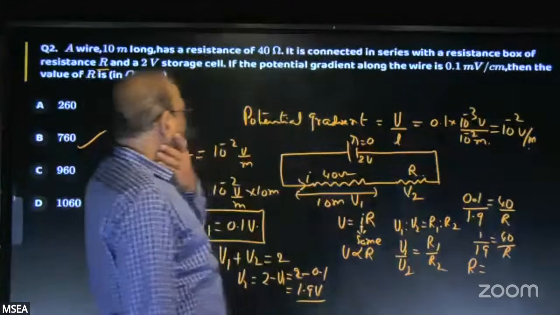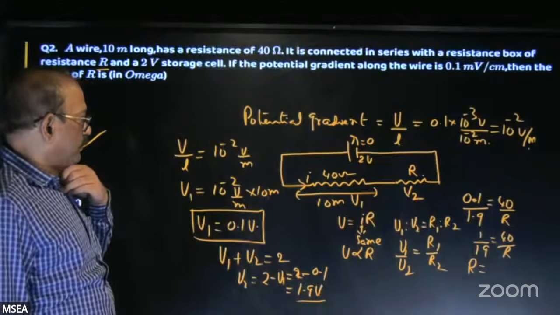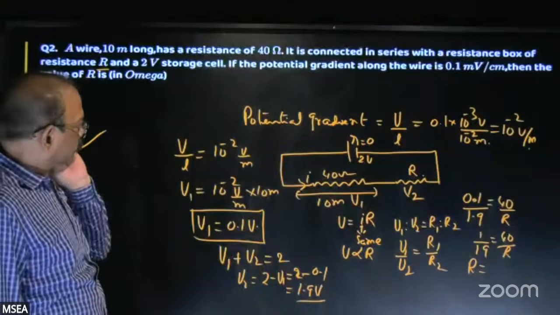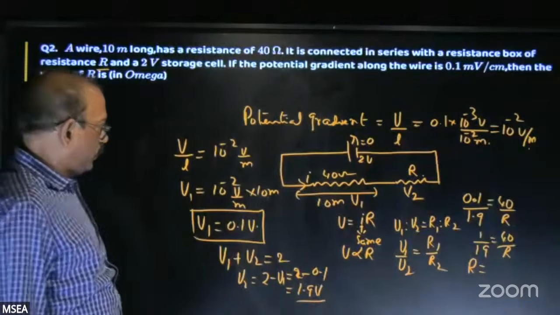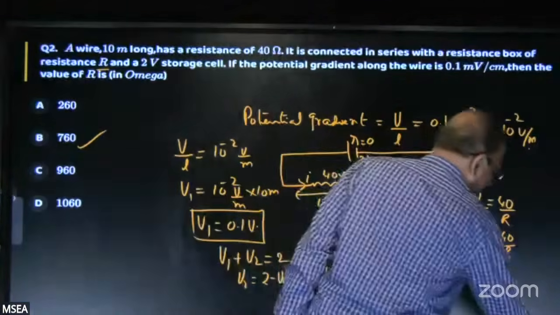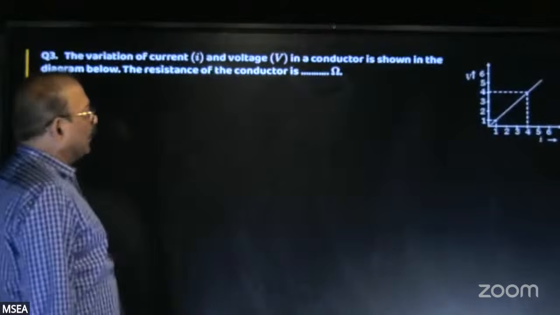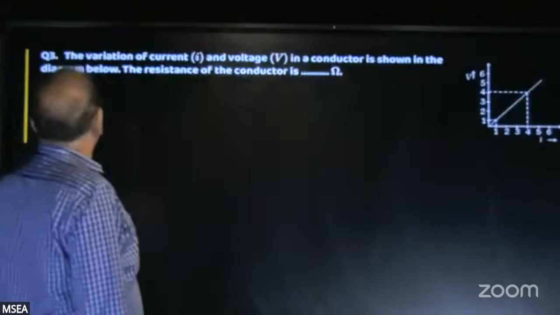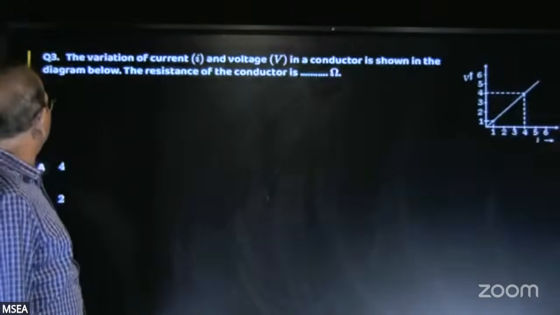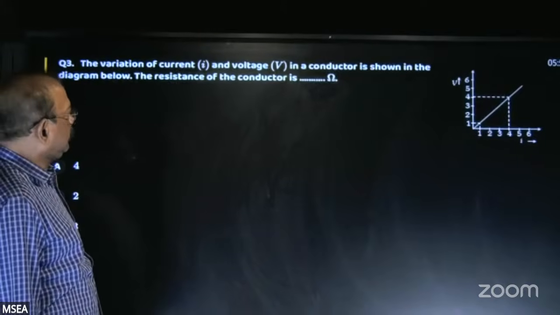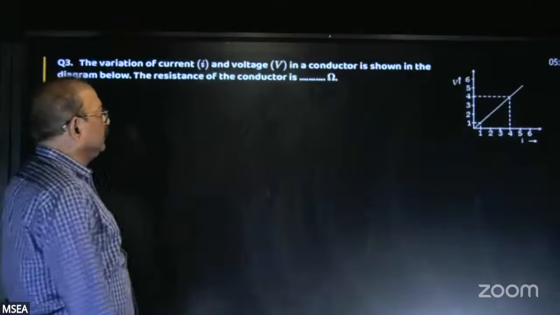Okay, I'm going to the next problem. Next problem. This problem is Ohm's law. Graph given, no?